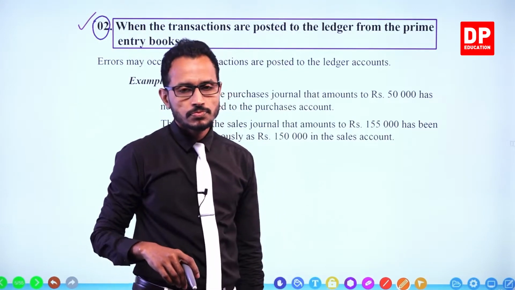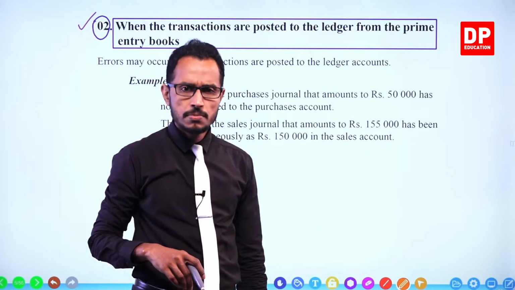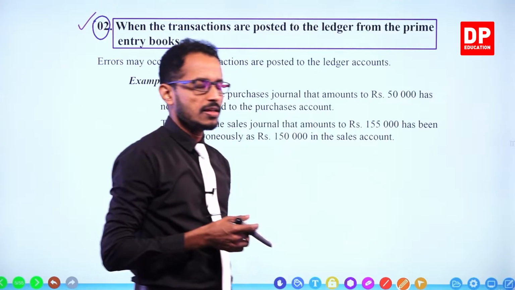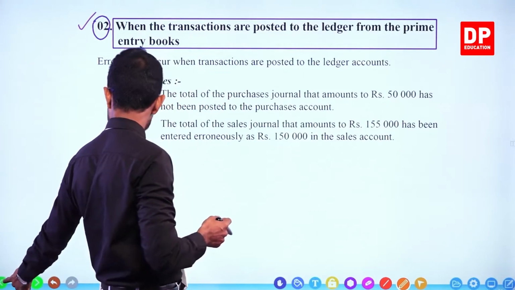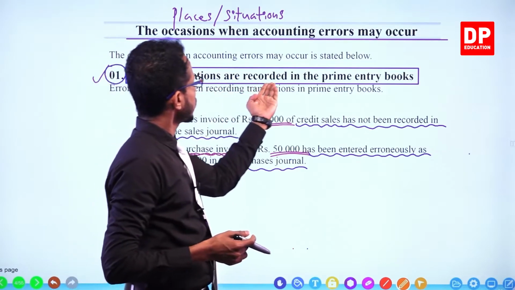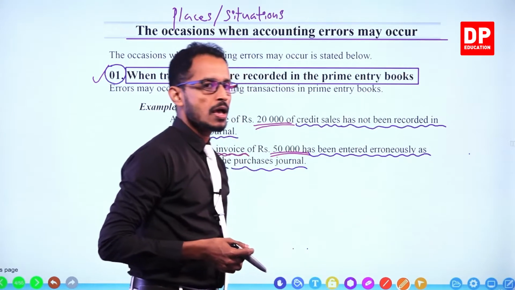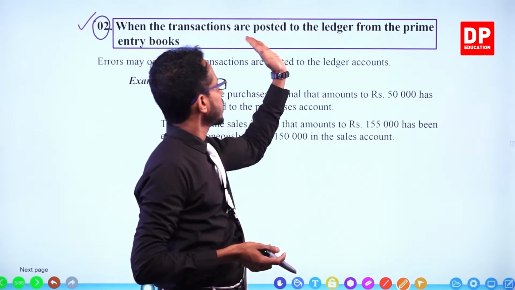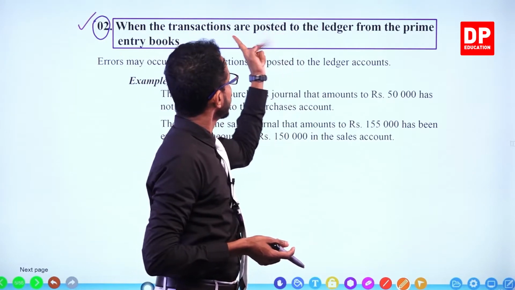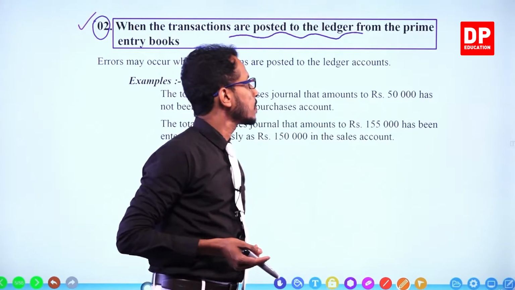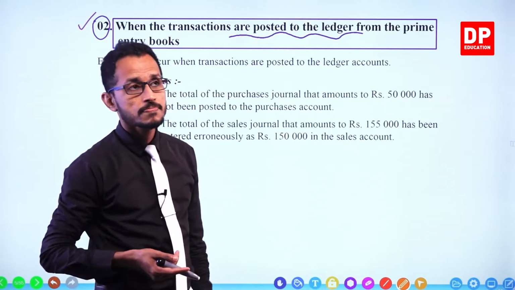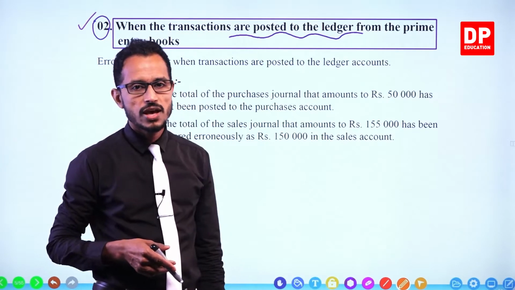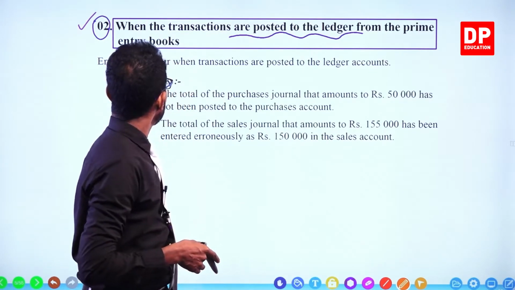Now, prime books were given first. When transactions are recorded in prime books, errors could occur. Then ledger accounts are given, when transactions are posted to the ledger. I'm talking about the places, the occasions where errors could occur.